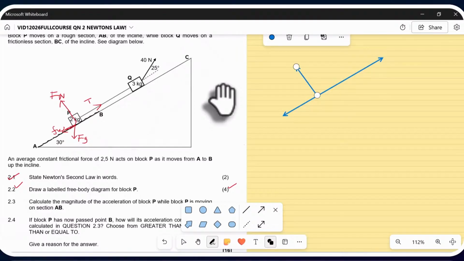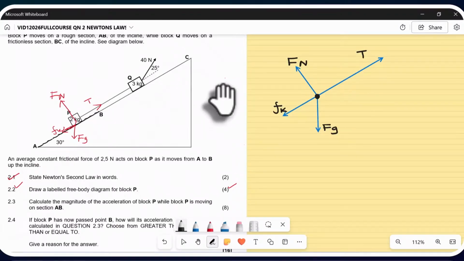Now the weight must be vertically downwards like this. By the way, if you don't want to draw the weight, you can use the components. Section AB.